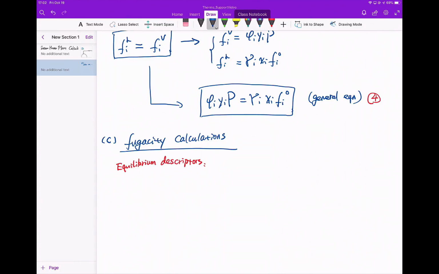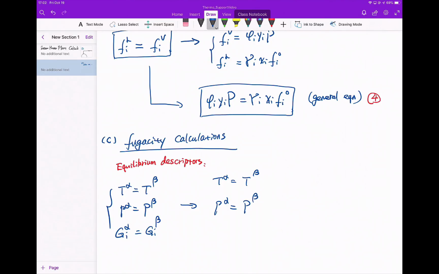We start with T alpha, T beta, P alpha, P beta, and chemical potential of the alpha phase being the same as the beta phase.